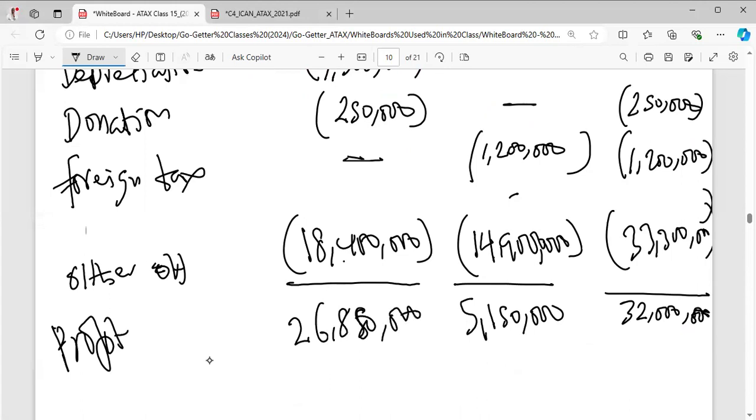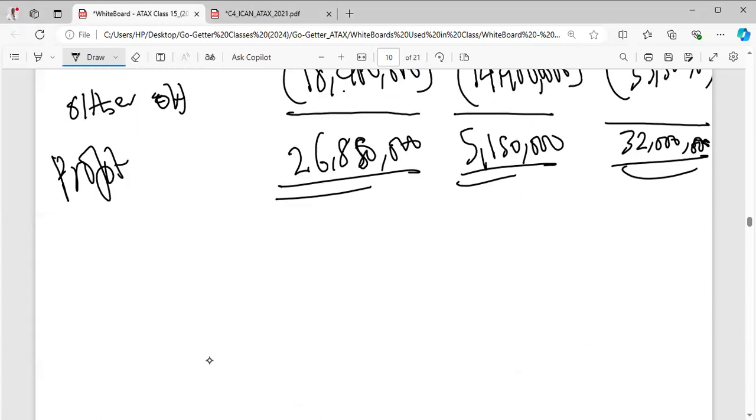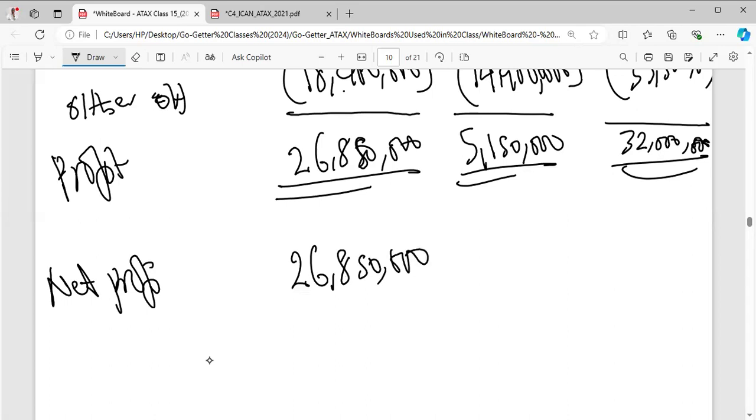That's our net profit. Now, from this profit, we have to add back. So we'll start again. Net profit is 26,850, plus this 5,150, so that gives us 32 million.